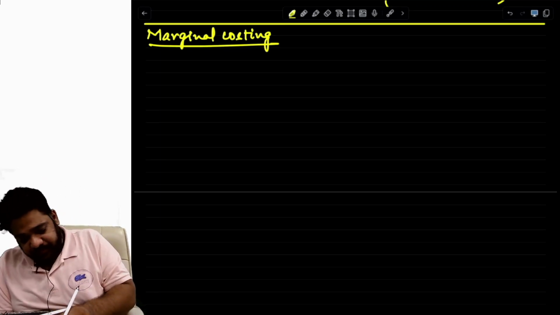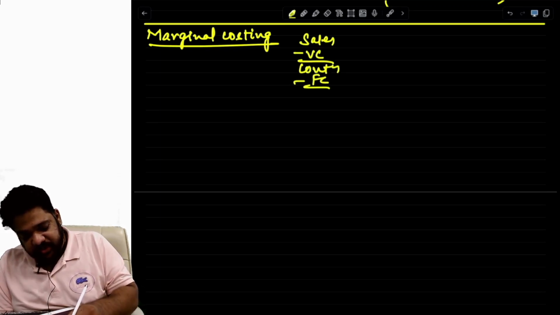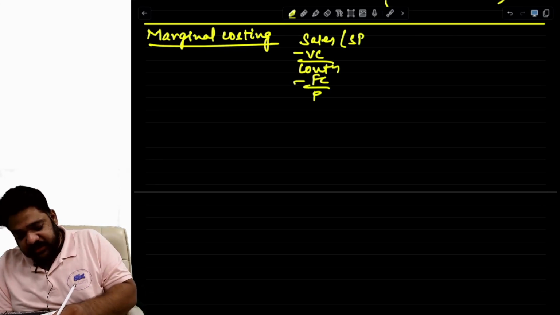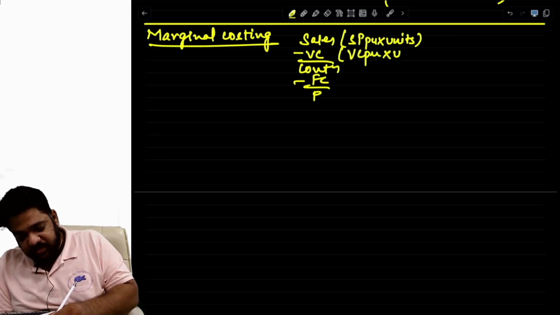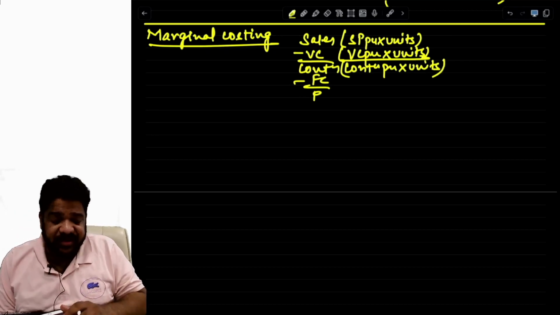First, the format. We'll have sales, variable cost, contribution, fixed cost, and profit. Sales is selling price per unit into number of units. Variable cost is variable cost per unit into number of units. Contribution is contribution per unit into number of units. Fixed cost and profit are always on totality basis.